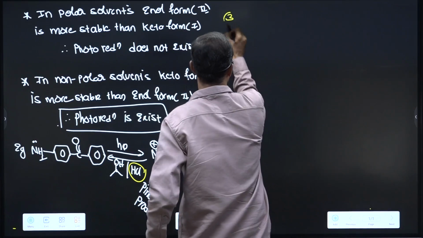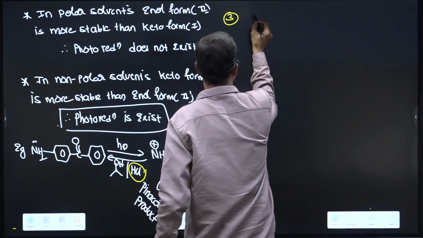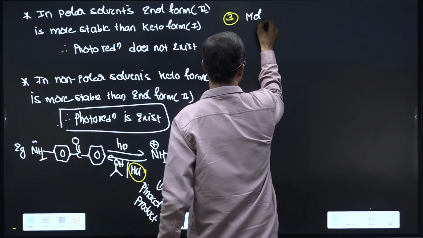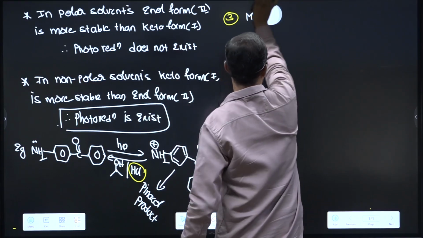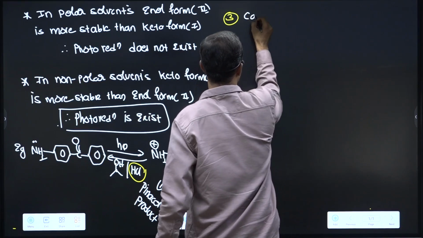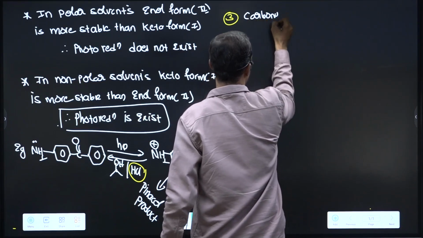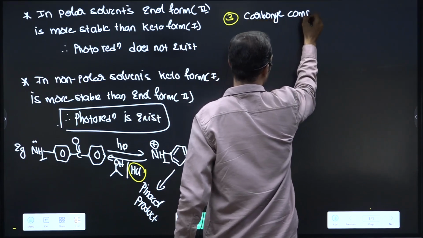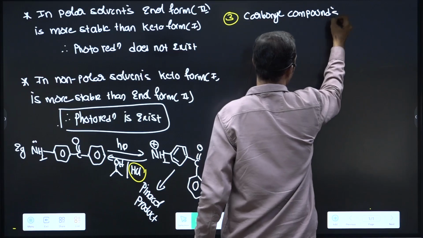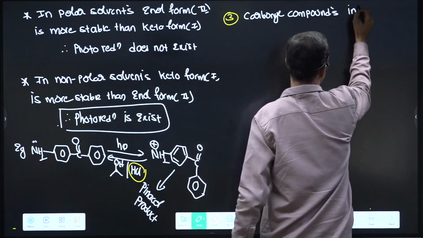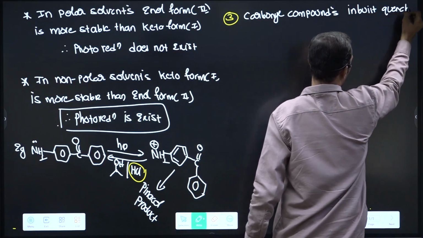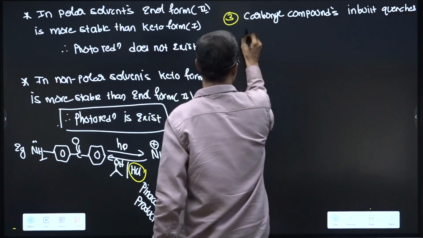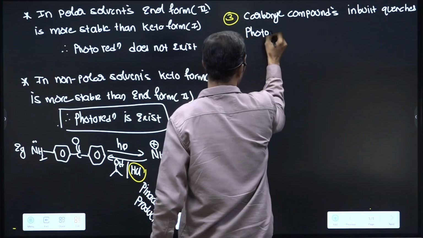Next, third limitation: carbonyl compounds having inbuilt quenchers. With inbuilt quenchers, photoreduction does not exist.